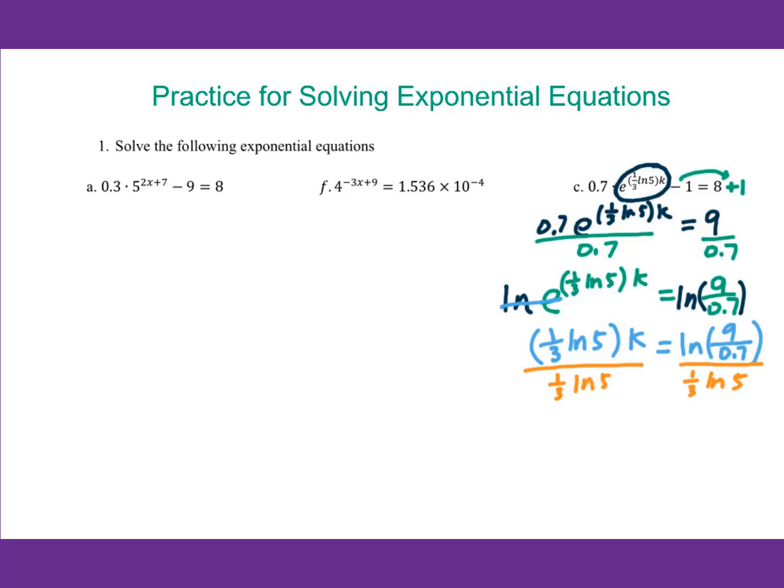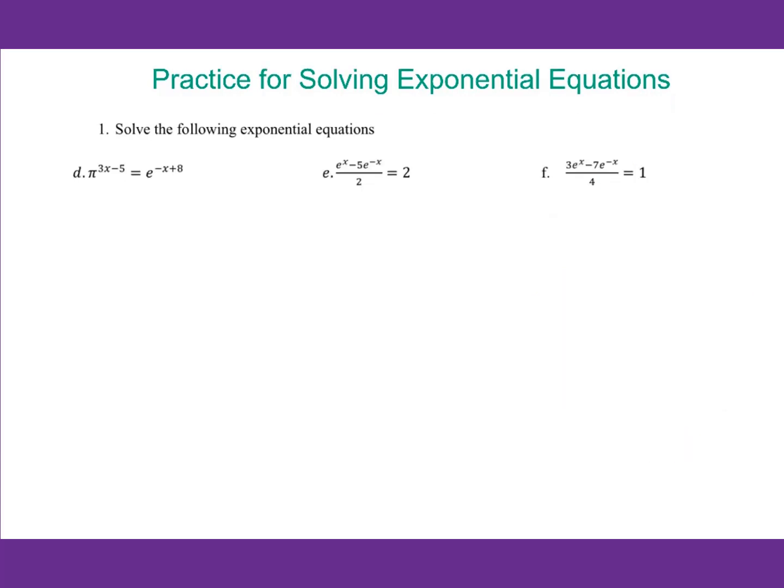Then we put this into the calculator. K will be 4.760.